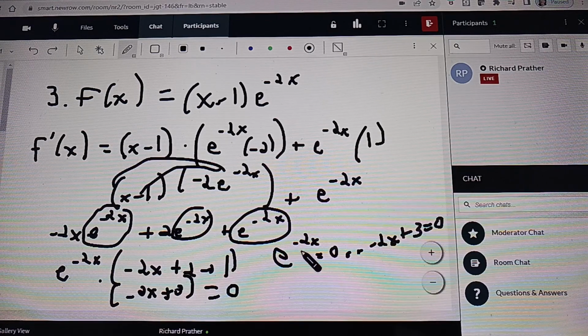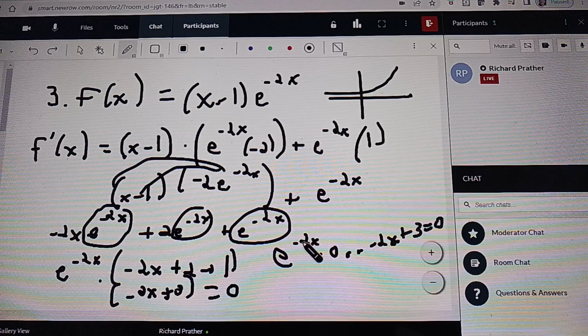Well, e to the -2x, or e to the x, is never negative. Exponentials never equal 0 unless you shift them up or down. Then potentially they could, but you would need a plus or minus something outside of this to do that. So e to the x looks like this. And then if you put a 2 there, that's a horizontal shrinking, which is similar to a vertical stretching.